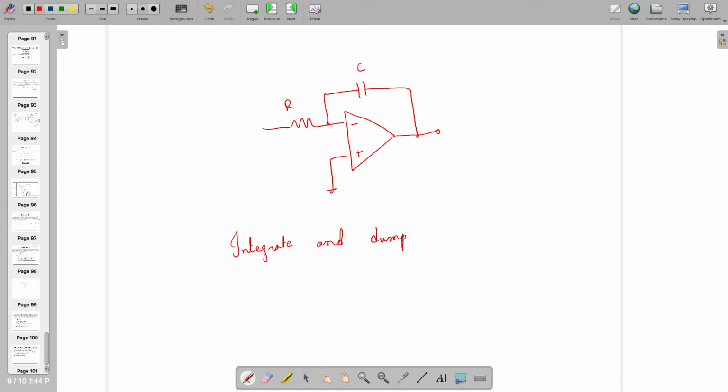This is also another name. Some people in companies use such words. Some people also call it integrate and fire.